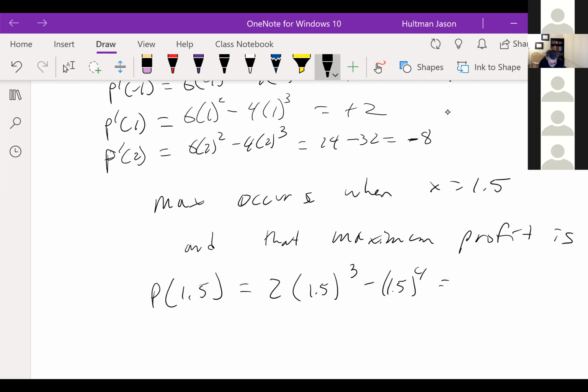If I plug that into a calculator, I get 1.6875. We could say that that's in dollars if you wanted, that your profit function is going to attain a maximum at this.